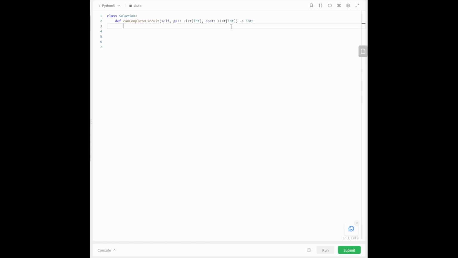So we say net equals an empty list, for i in range length of gas, net dot append gas i minus cost i.